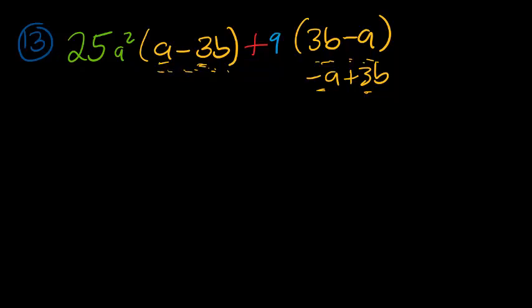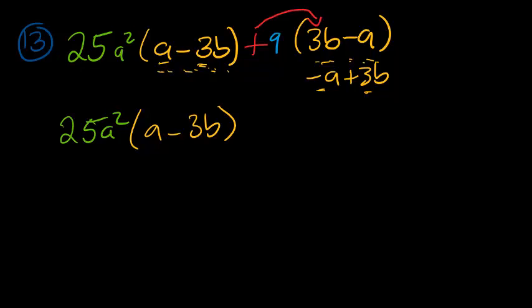So I'm going to keep everything the same. 25a squared, a minus 3b, I'm going to keep that one. Now what I'm going to do is multiply this by minus 1. So this plus is actually minus times minus. I'm going to take one of the minuses and multiply it in.